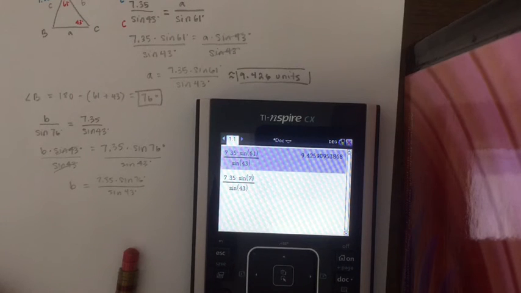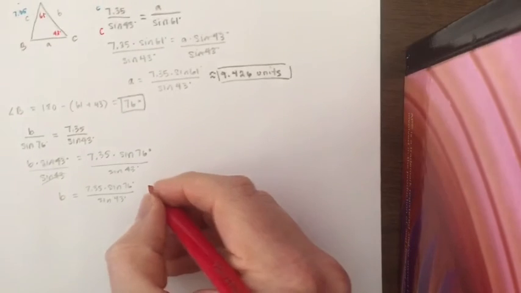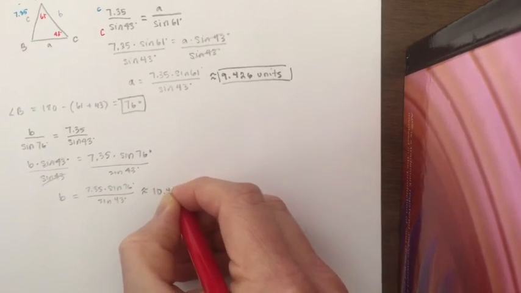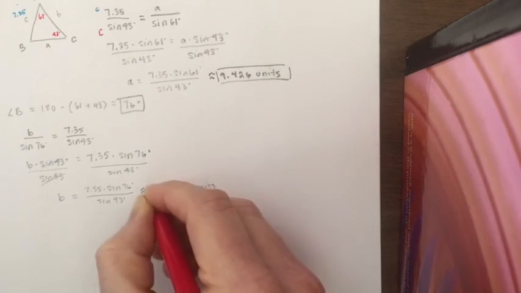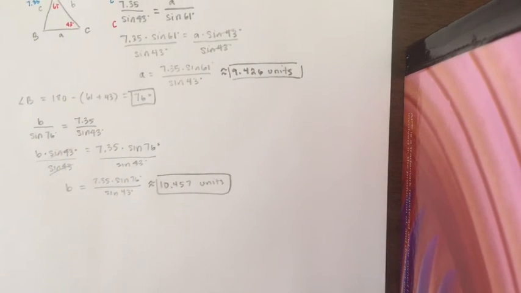So this is now sine of 76. Sine of 43 is in the denominator still, so we get 10.457 is our last B. So approximately 10.457, and again, that would be units. Box our final answer, and we solve that triangle.